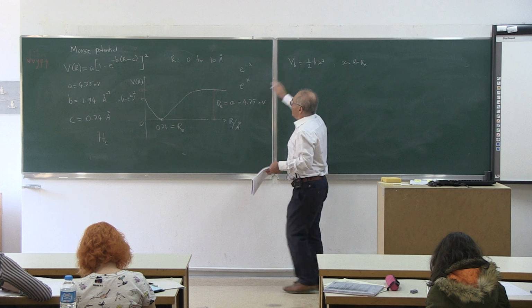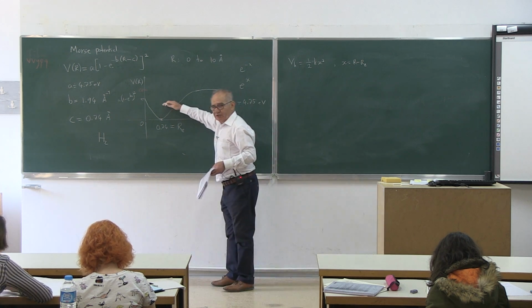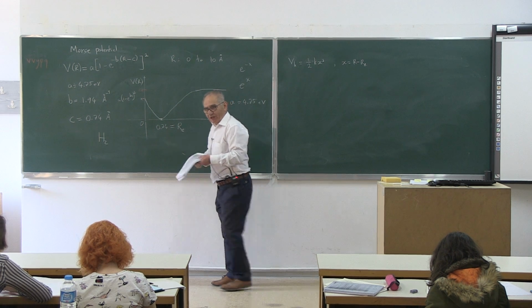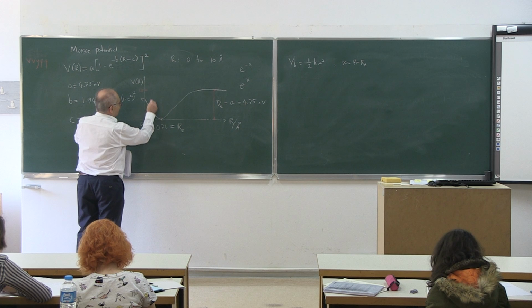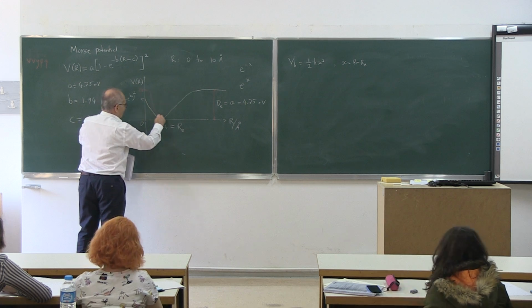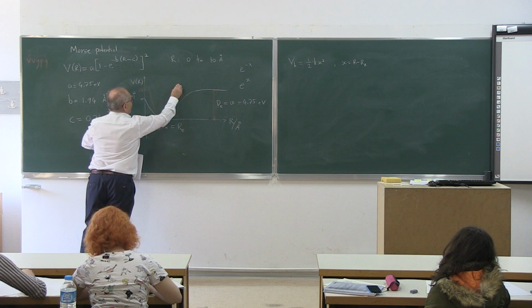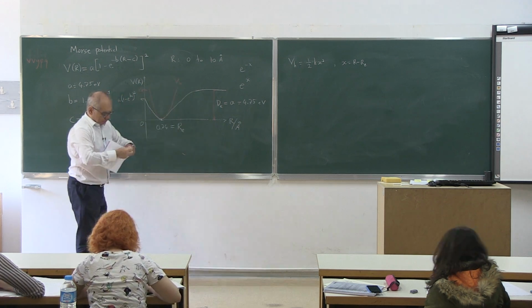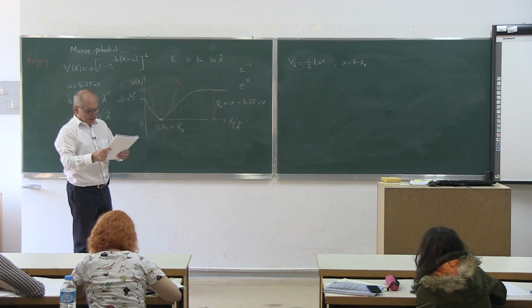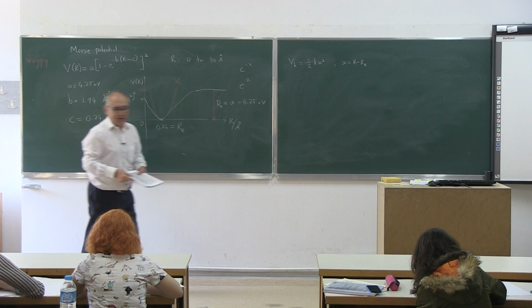So if we fit this function to a harmonic oscillator, and the fitting point should be near the minimum, this is the harmonic oscillator. It says derive an expression for the force constant, K.